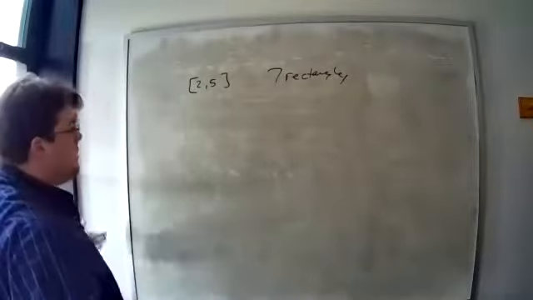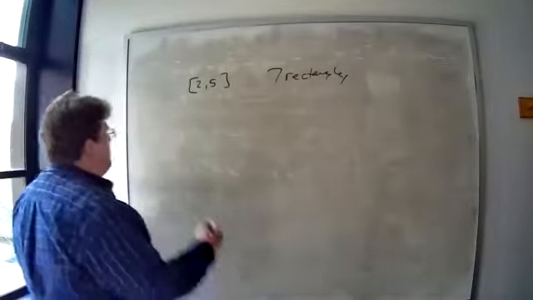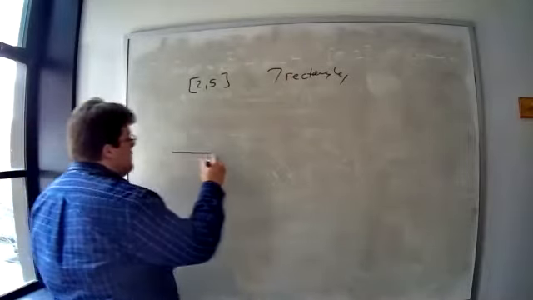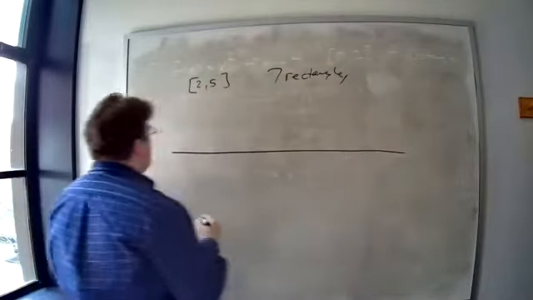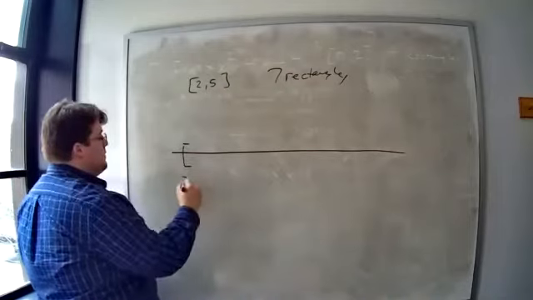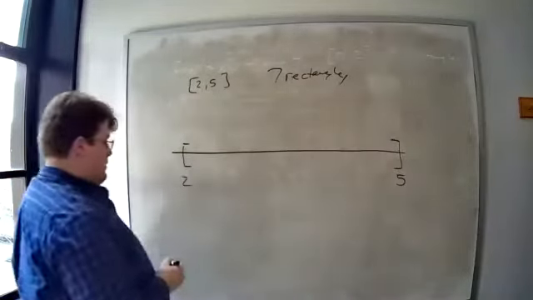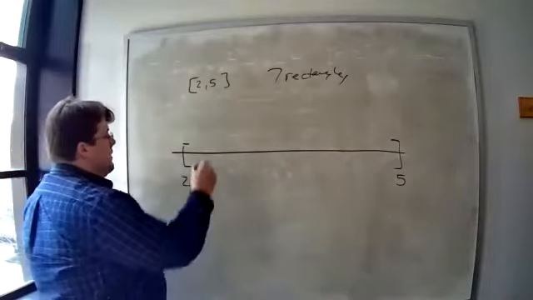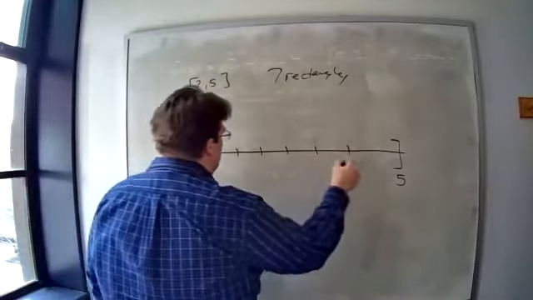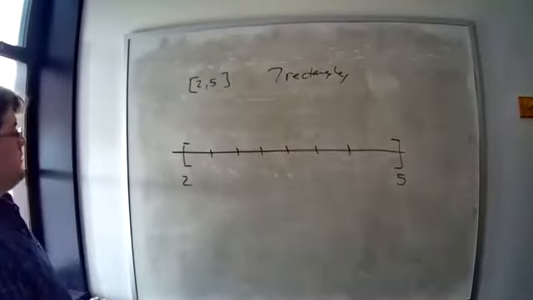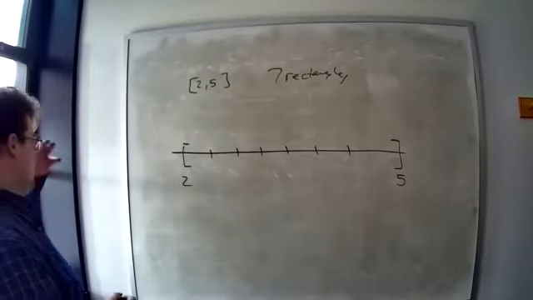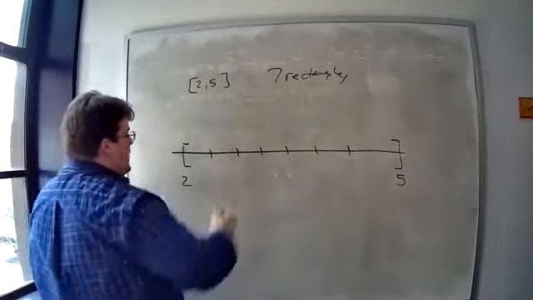So right here, again, I'm not going to draw the function. We don't need to know what the function looks like, but we do need to know what happens on the interval 2 to 5. So here's 2, here's 5. We're dividing into 7 pieces. So that's 1, 2, 3, 4, 5, 6. That's 7 pieces. Now we need to find these x values.